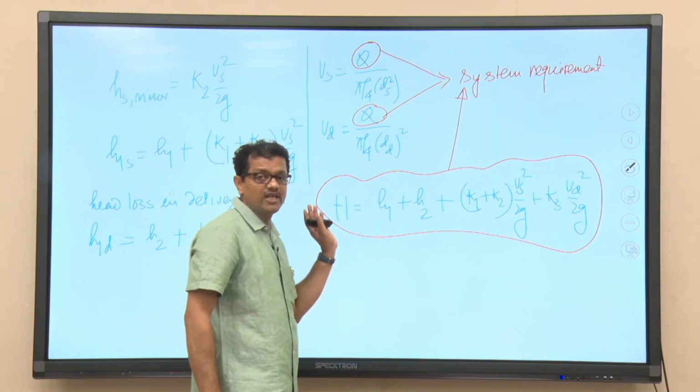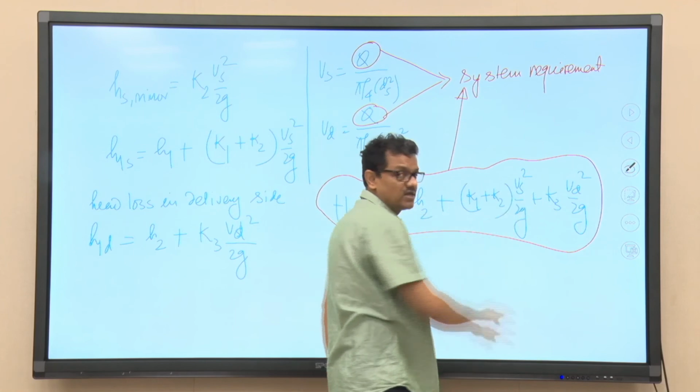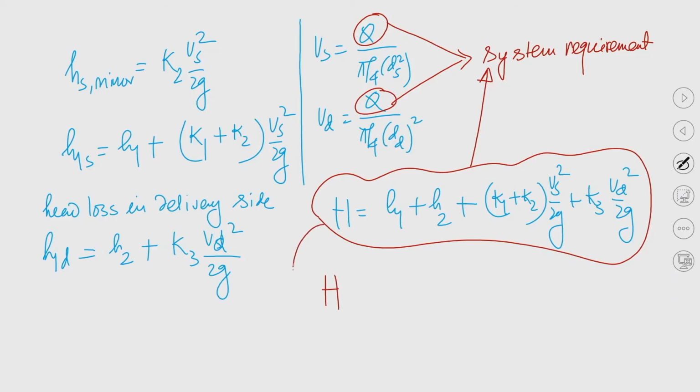You can understand very quickly, Vs is a function of Q, Vd is a function of Q. So, eventually we can write this H equal to H1 plus H2 plus K1 plus K2 plus K3. I can write this term as K4 into Q square. So, I am writing this as almost equal to.